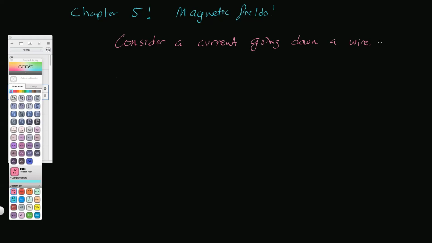I mean, there are charges moving in a current, you know that. But a test charge would not feel any force from those charges. However, if you brought a compass near it, you definitely would get that compass needle to move, right? So we know that there's something going on.